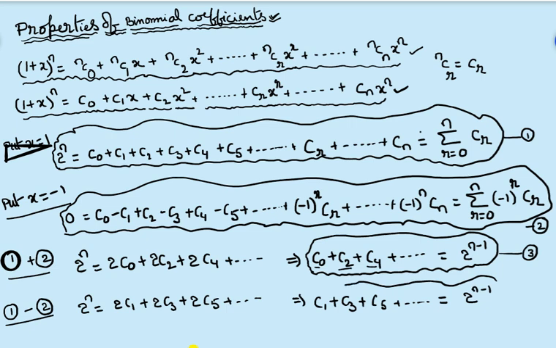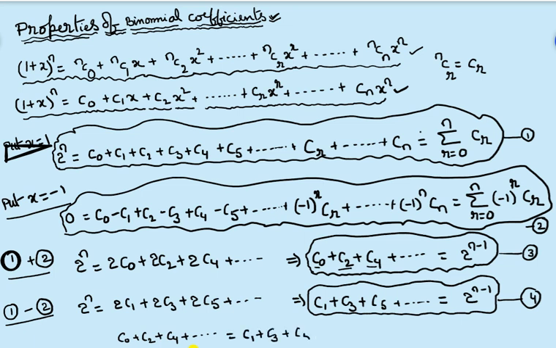C1 is the second term coefficient, C3 is the fourth term coefficient. So C1 + C3 + C5 + and so on = 2^(n-1). So the information we got is C0 + C2 + C4 + and so on is the same as C1 + C3 + C5 + and so on, which is equal to 2^(n-1).